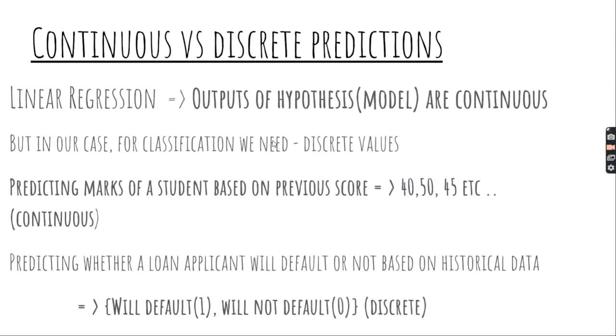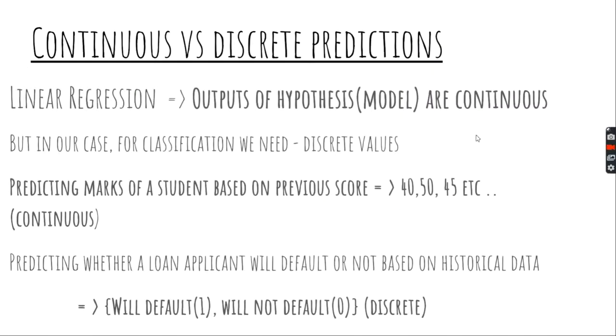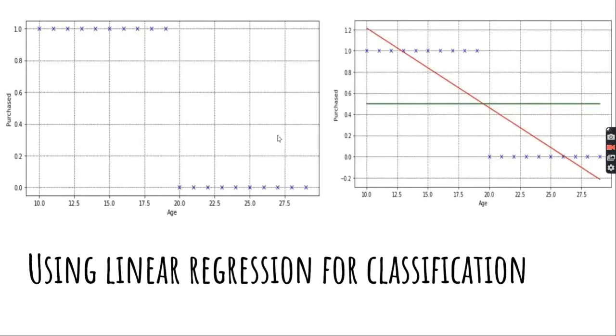It's tempting to think that we could use this exact same procedure not only for continuous output but for discrete outputs. Pictorially, here's an example. Let's say these are the inputs, the x's, the age. This is the input vector, and y in this case has to be 0 or 1.